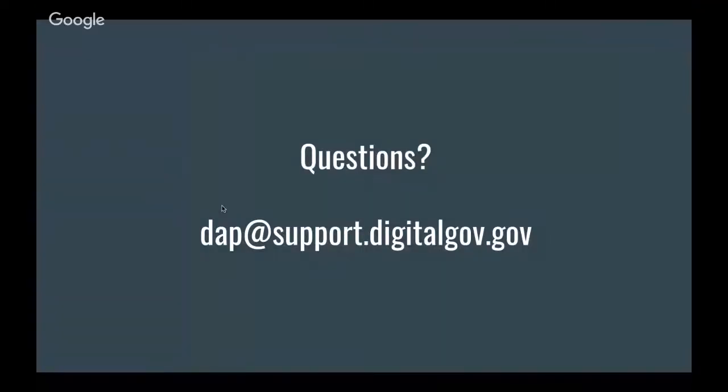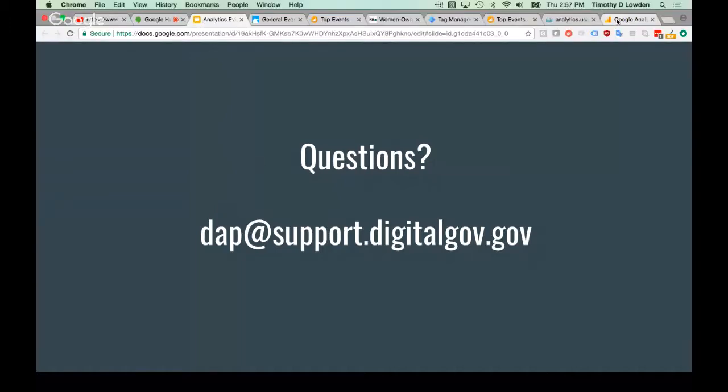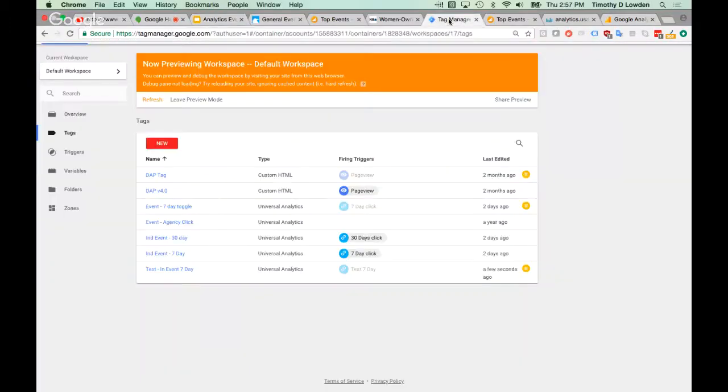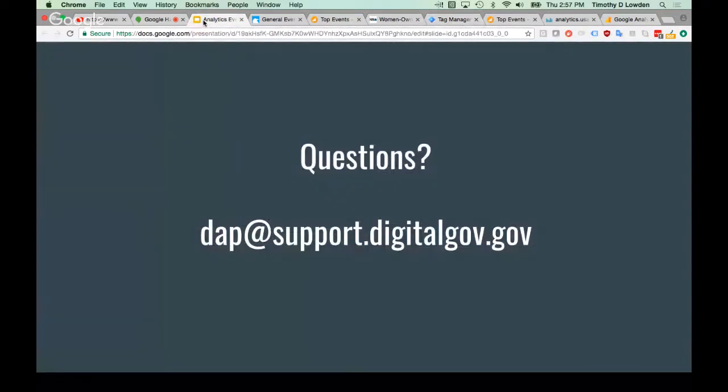If you post a link directly to a PDF, let's say in a Facebook post, there is no way for Google Analytics to know that that PDF was out there.